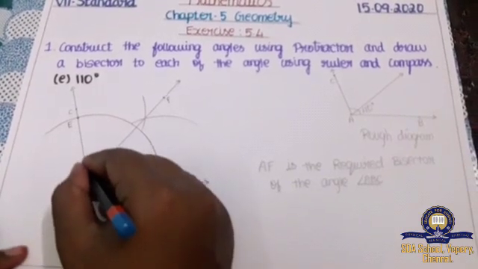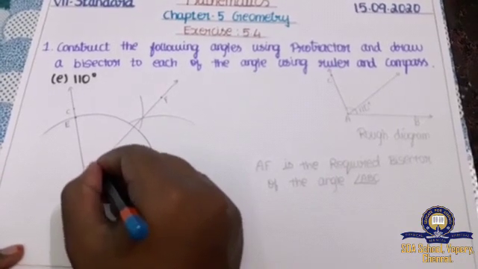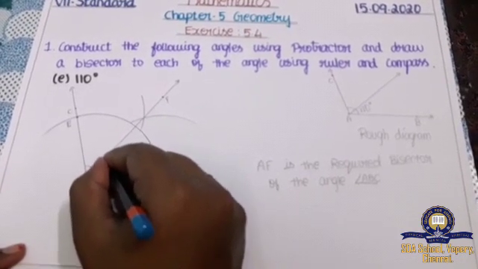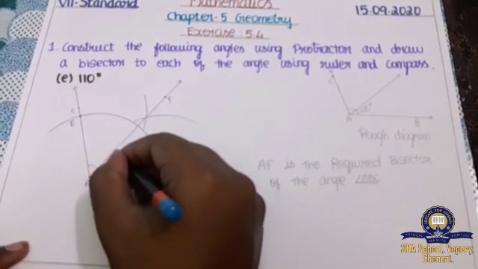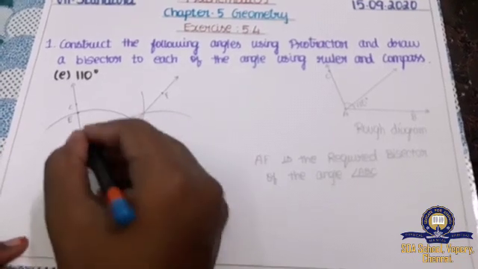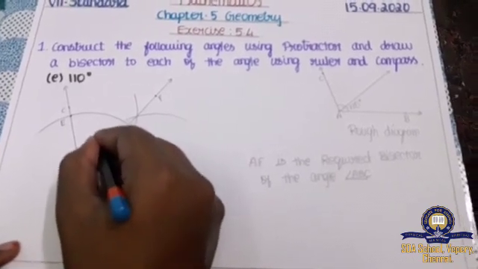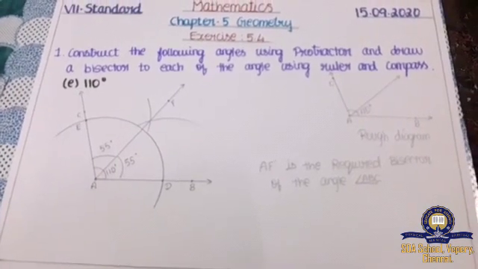So, what is our full angle given here in the question? 110 degree. And what is the angle of AFD? It is 55 degree. And AEF is 55 degree. Therefore, when adding these 2, we get 110 degree.